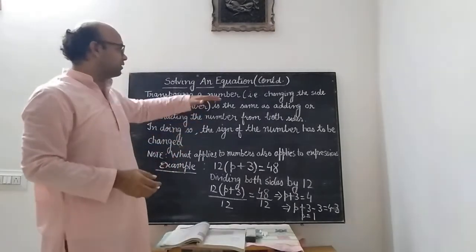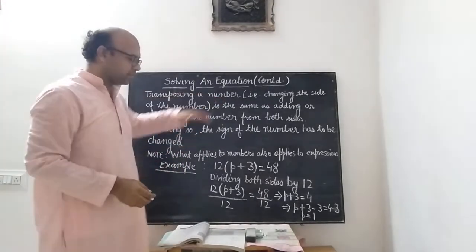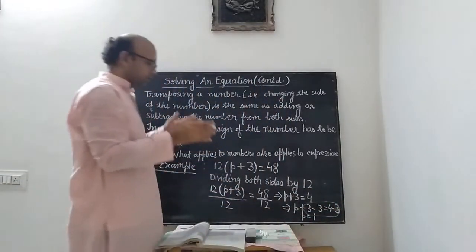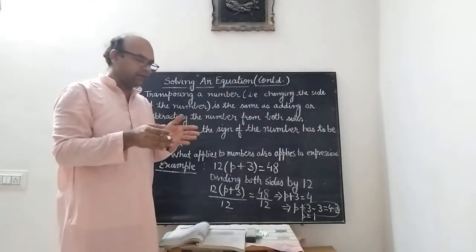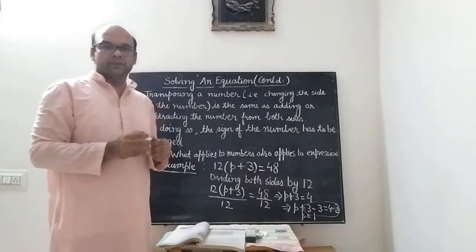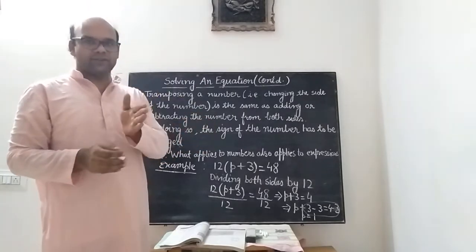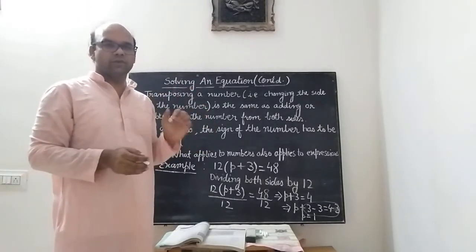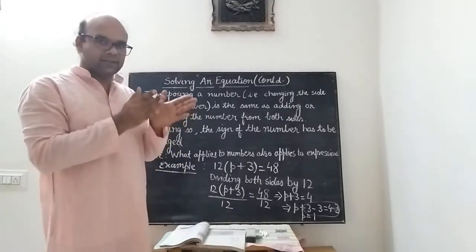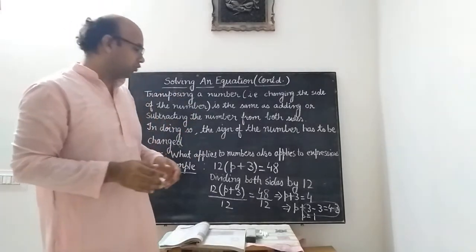Now where this concept of transposing a number comes in is this step. When you have the terms added over there, and we change the side of the term from left hand side to RHS or RHS to left hand side, then we change the sign of either the number or the expression.